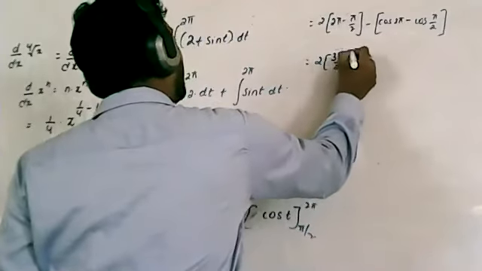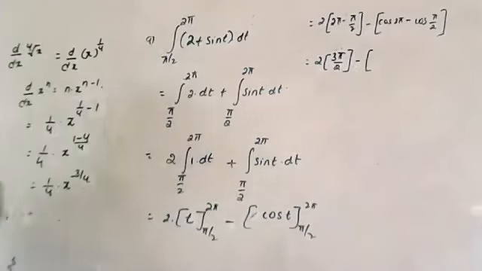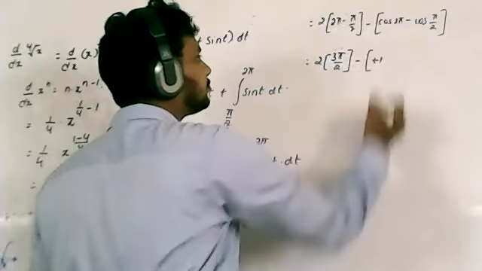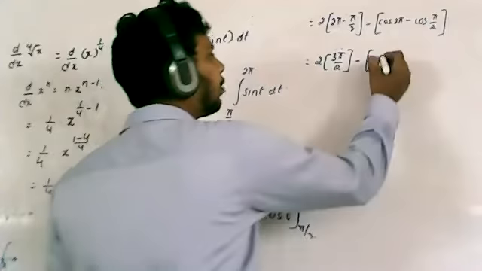So this value is 3 pi by 2 minus cos 2 pi. Cos 2 pi is plus 1, minus cos pi by 2.